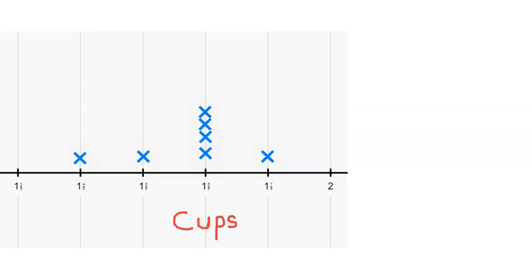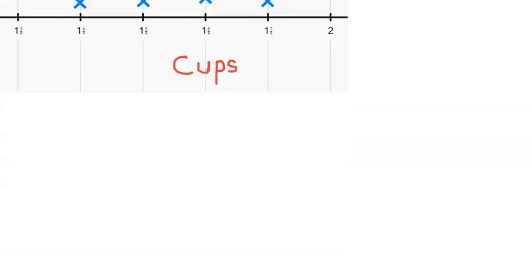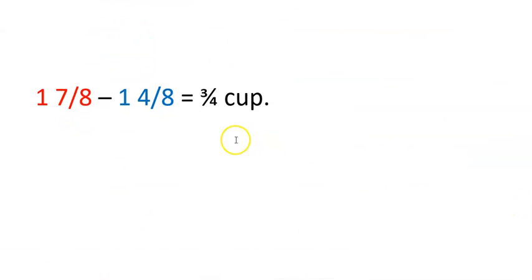You will see 1 7/8 is the biggest amount used by a chef, and 1 4/8, which is the same as 1 1/2, is the least amount. So when you subtract 1 4/8 from 1 7/8, you get 3/8 cups. Thank you.